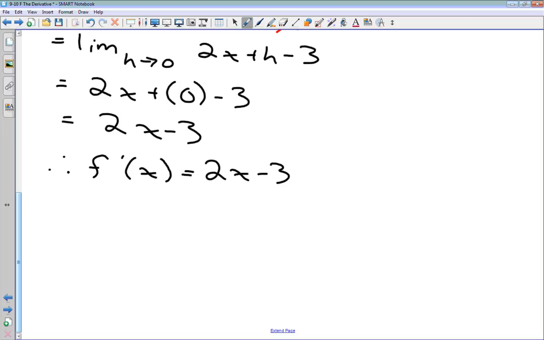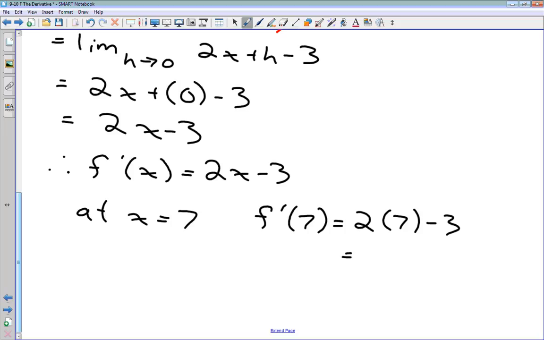So if I said I want to know the slope of the tangent to x squared minus 3x at x equals 7, I can just evaluate f prime at 7 using this function, 2 times 7 minus 3. So the slope of the tangent would be 11. Okay? If I wanted it at a different x value, I just choose whatever x value I want, sub it in, it tells me the slope of the tangent.